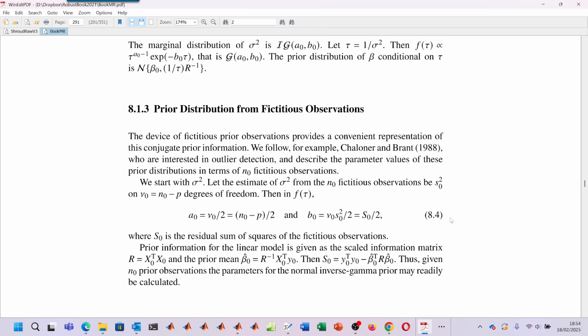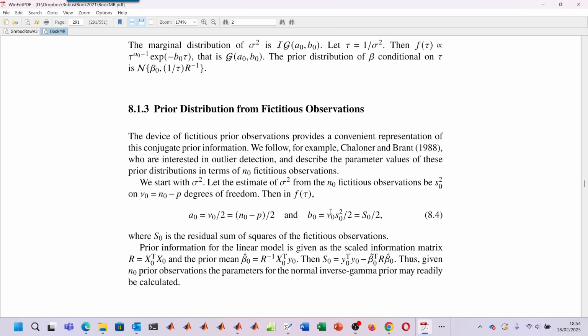Prior information for the linear model is given as the scaled information matrix R, which is X0 transpose X0, and the prior mean beta hat 0, which is R to the minus 1 X0 transpose y0, where y0 are the fictitious observations and X0 is the extended design matrix for the fictitious observations.